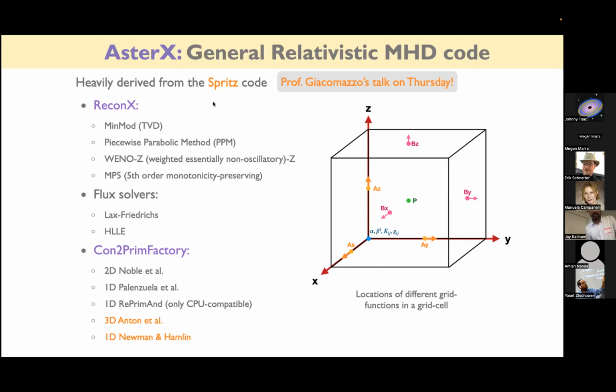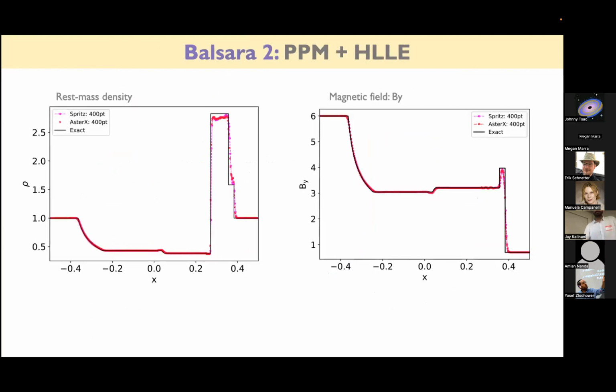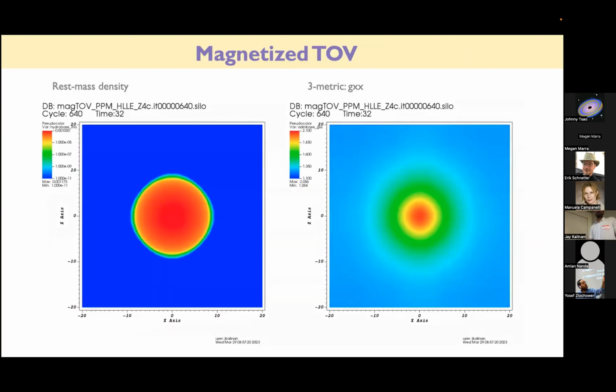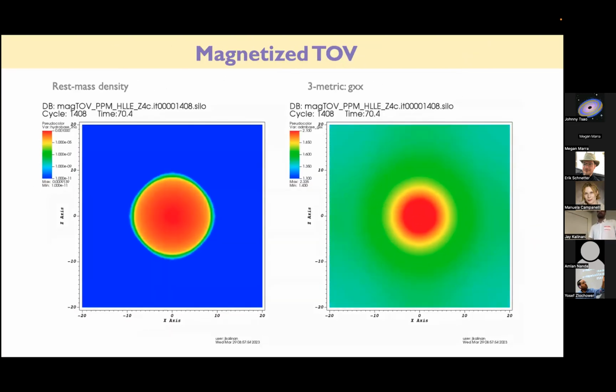We have another question. Thank you. I have a quick question for the TOV tests. How far was the outer boundary compared to the radius of the star? Right. So for the Cowling, it didn't make much of a difference. For simplicity, we just put the outer boundary at like 20 m, or 20 code units, if you want to call it that. Also when evolving the metric, this is where you see the reflections.